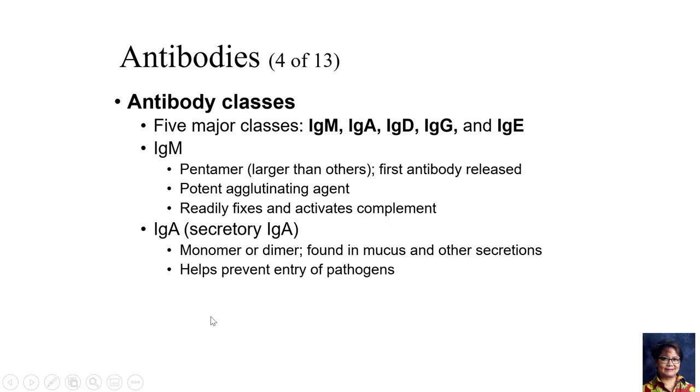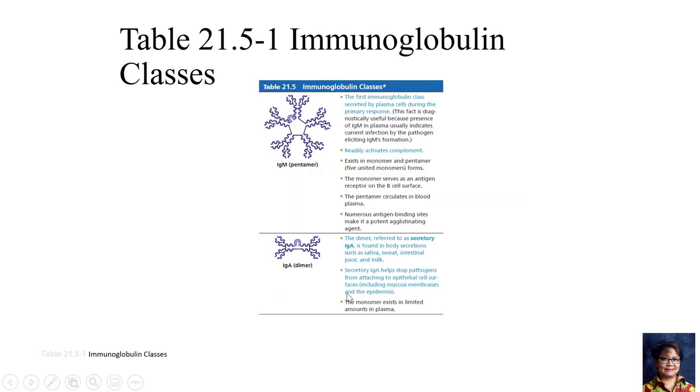Your IgA is secretory and helps prevent the entry of pathogens. The IgA is found in body secretions such as saliva, sweat, intestinal juice, and milk. And IgM is truly the first immunoglobulin class secreted by the plasma cells during a primary response.